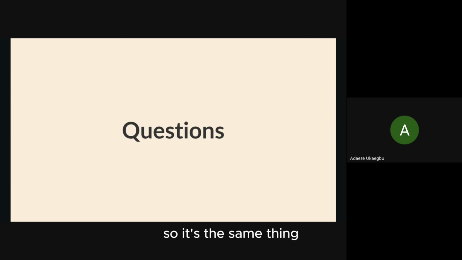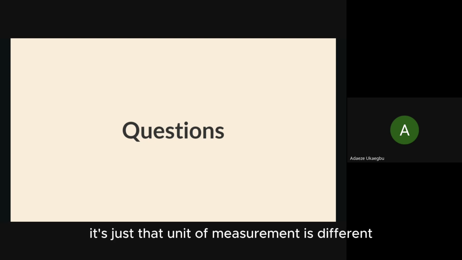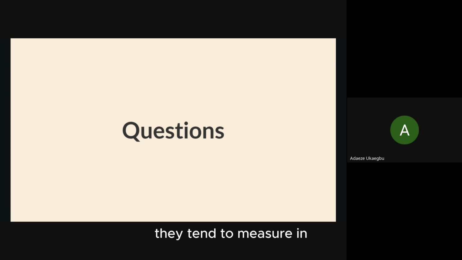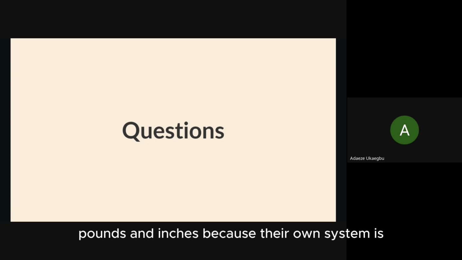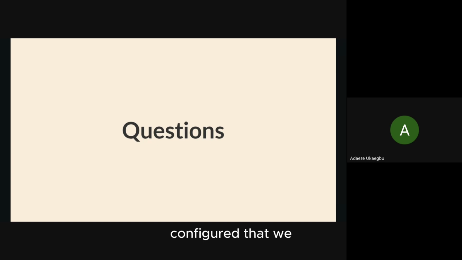So it's the same thing, it's just that the unit of measurement is different. They measure in pounds and inches because their system is configured that way, while most people measure in centimeters and kg. But with the conversion, it's still supposed to remain the same. Hope that answers your question.